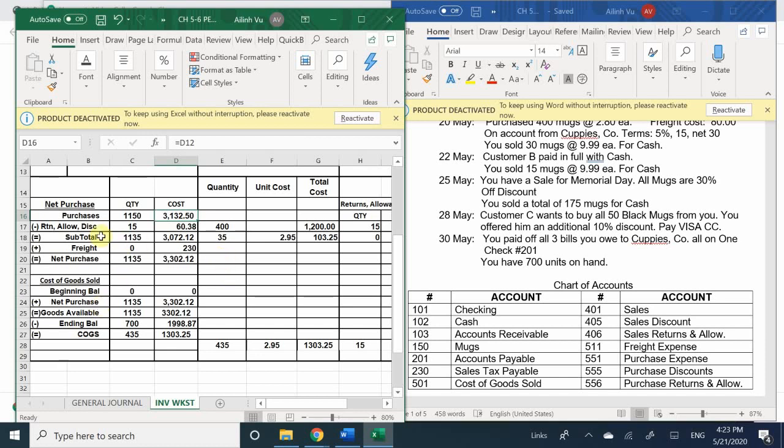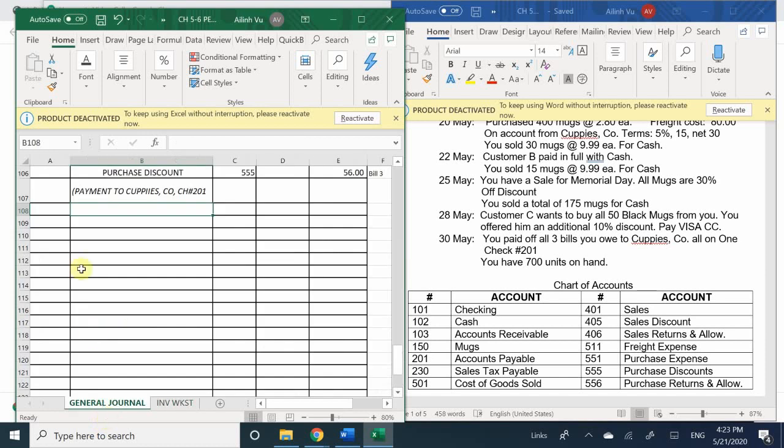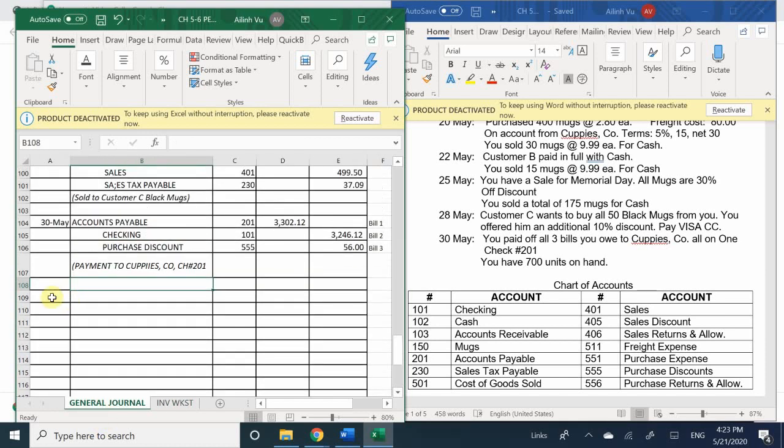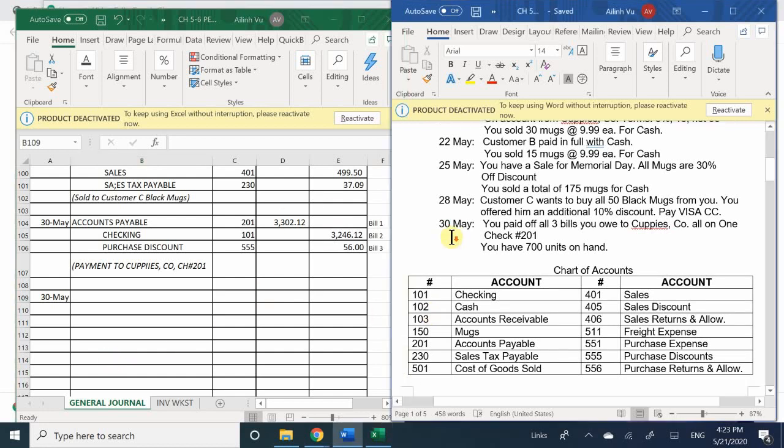Okay. So now we got to journalize this. All right. So, we're going to recognize May 30th. What accounts are we going to be putting in here? Use your chart of accounts to help you out.